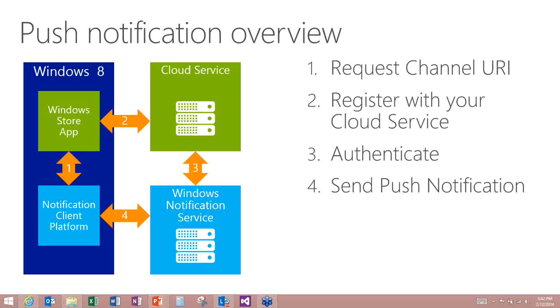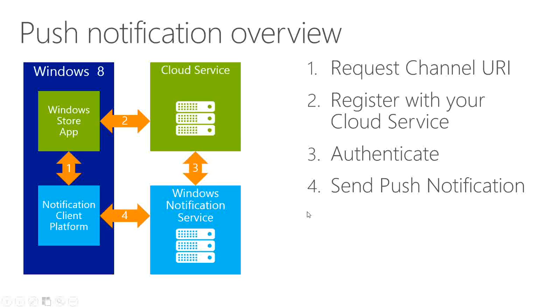They exchange information to make sure they identify each of these particular machines, because WNS will scale across millions of devices, millions of users. How do you know which information has to be sent to which consumer? That's the role of WNS. That's the most scalable solution available from a notification standpoint.